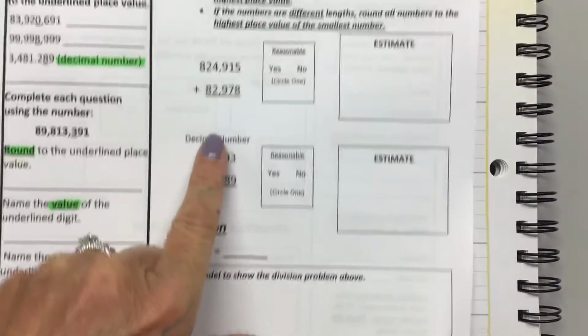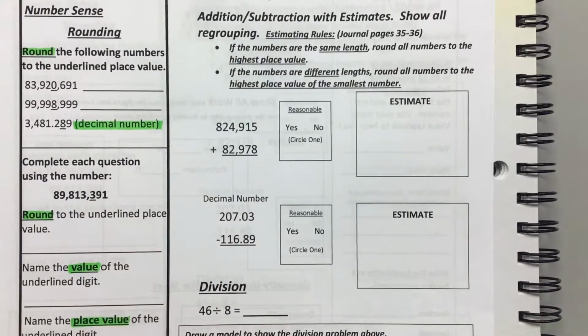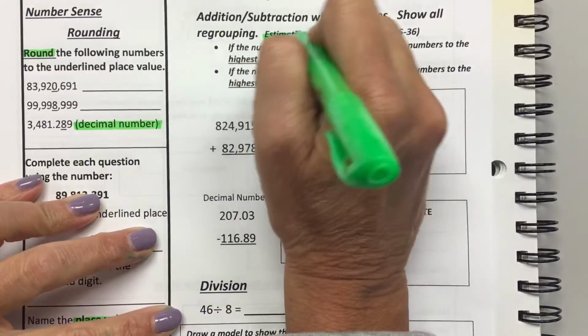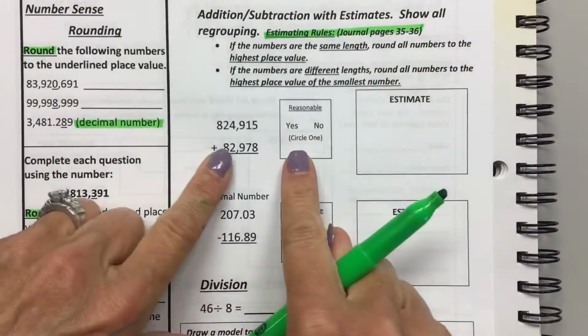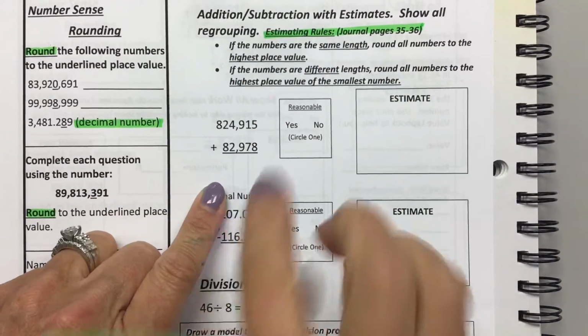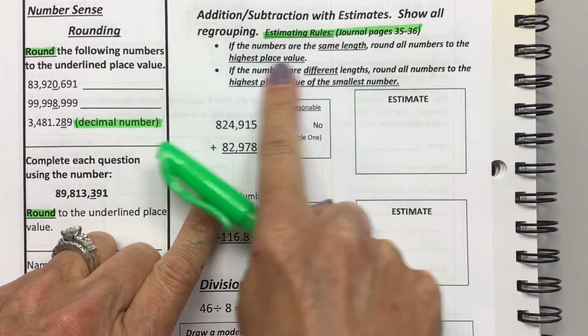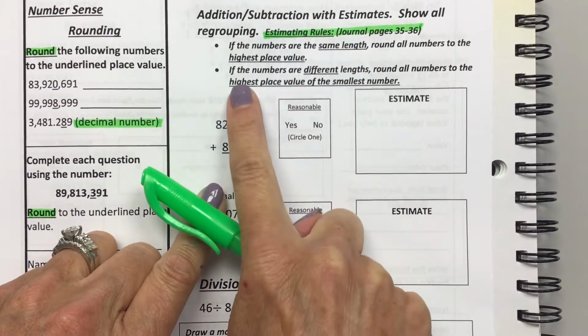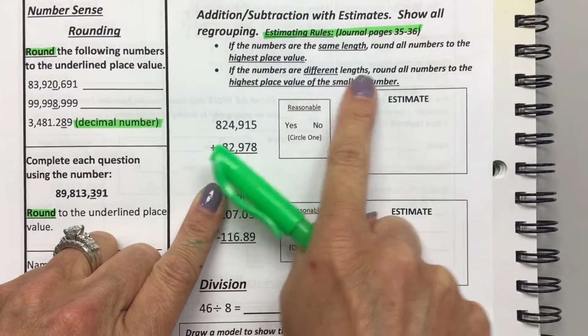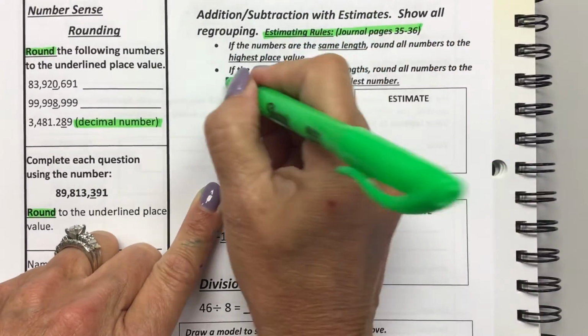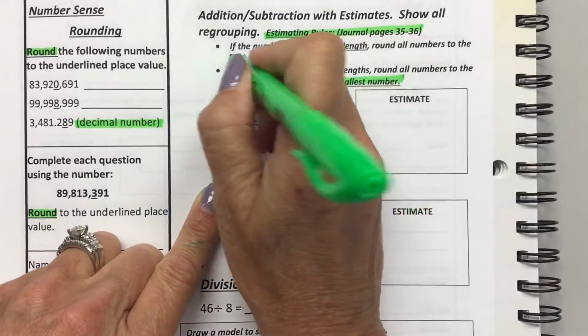Okay, over here on the right side, we have addition. First, you need to estimate. Remember, you can go back to journal pages 35 and 36. But the rule is, if the numbers are the same length, round all the numbers to the highest place value. If the numbers are different lengths, round all the numbers to the highest place value of the smallest number.